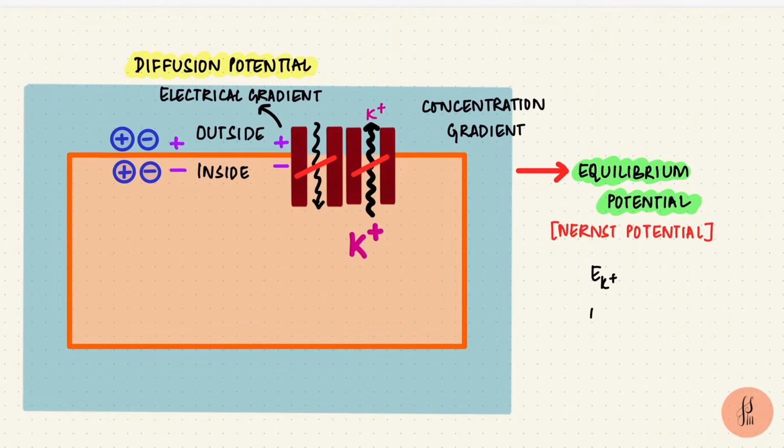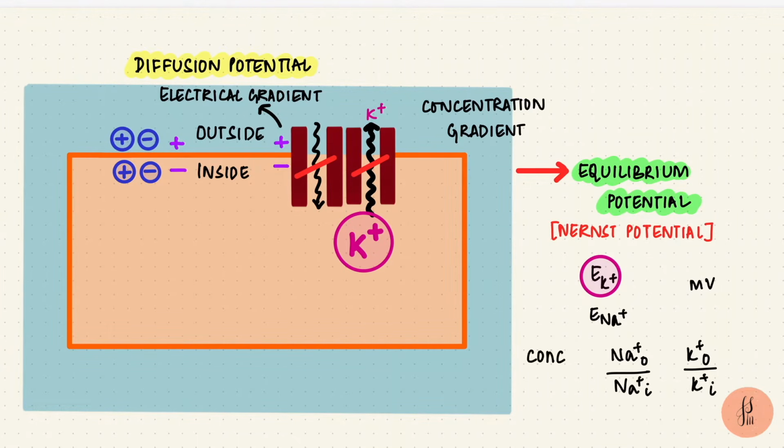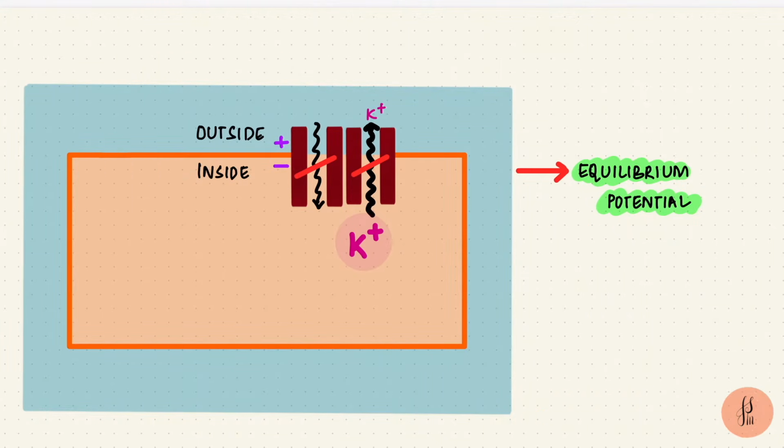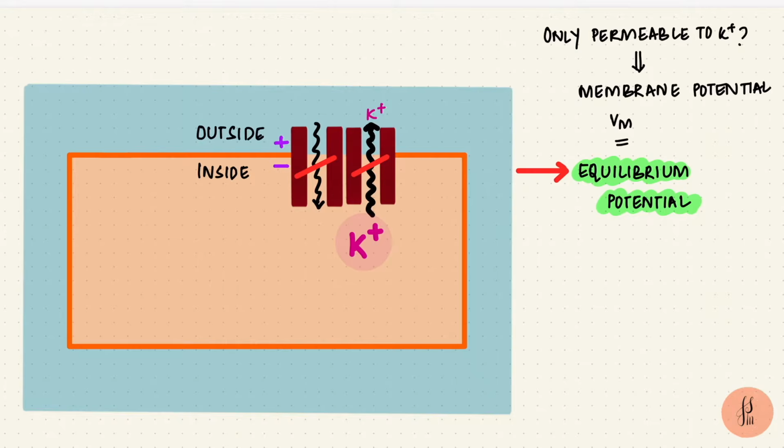This value is different for different ions, but since we're talking about potassium here, this is the equilibrium potential of potassium. These equilibrium potentials are in millivolts and would depend upon the concentration gradients of the ions, outside versus inside the cell. If the membrane was only permeable to potassium like this, then the membrane potential would be equal to the equilibrium potential of potassium. But the membrane is permeable to more than just potassium, and we'll come back to this.